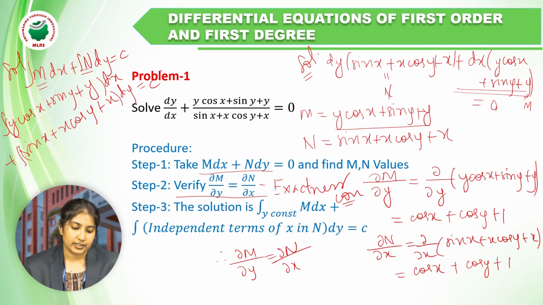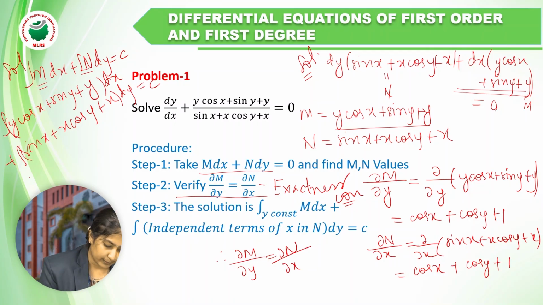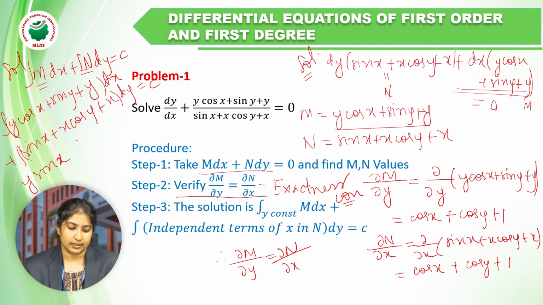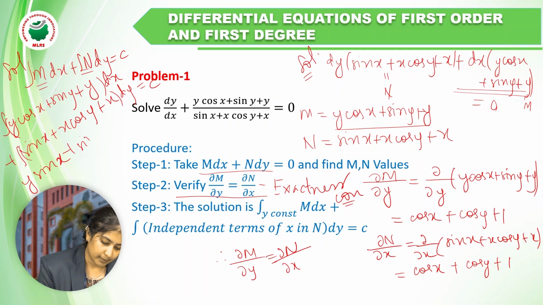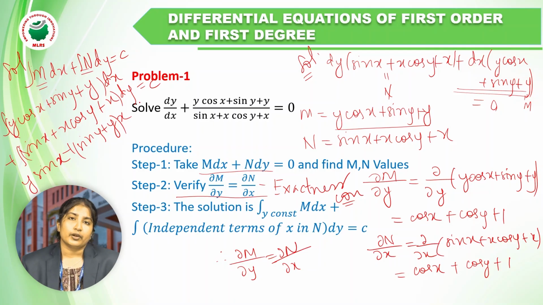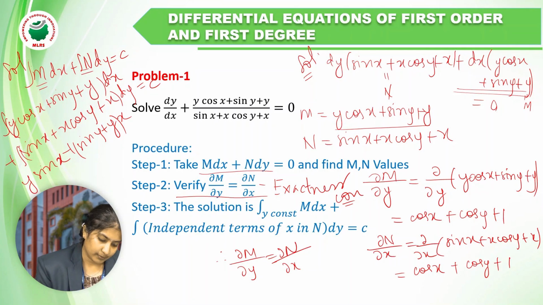So what is the condition in M? y is constant, so you write y outside. Now what is the integration of cos x? That is sin x. And what did I say? That y is constant, so throw sin y plus y outside. Now integration of dx is x. For N, what is the condition? Only those terms of N which are independent of x.